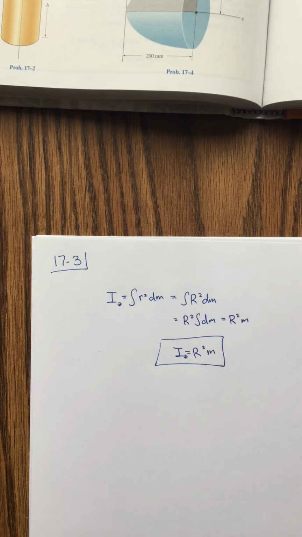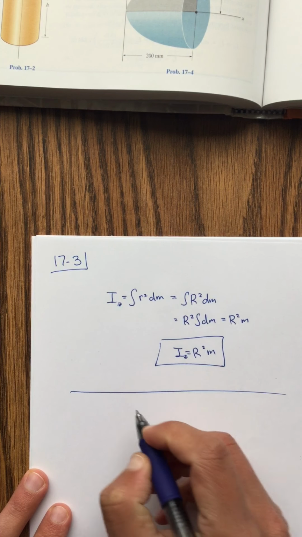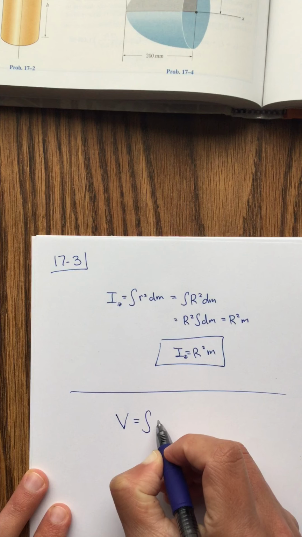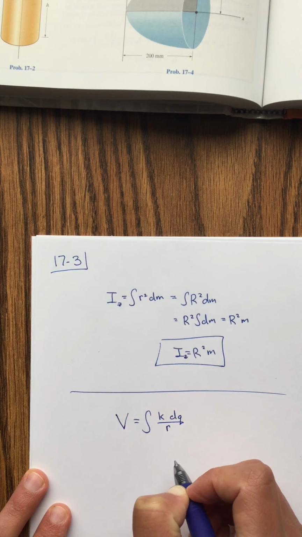Since that problem was so quick, let us look at a similar situation from Physics 261. When you want to calculate the electric potential, you have K dq over r.